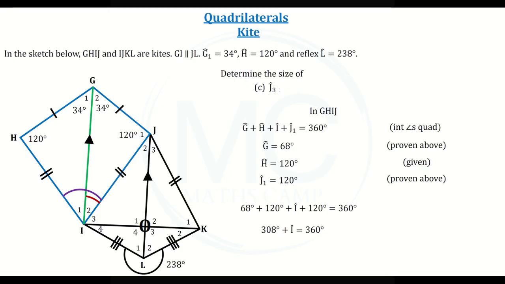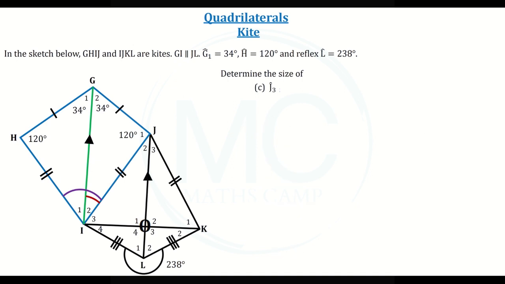Now, to solve for I, let's subtract 308 from both sides, and we can see that I is equal to 52 degrees. This is the size of the whole of angle I.